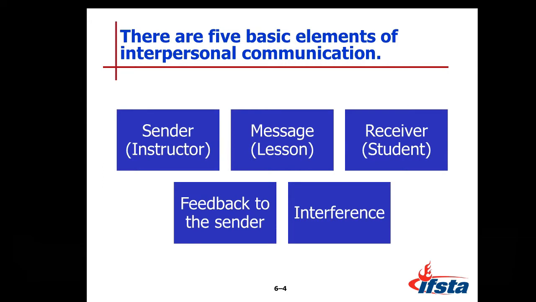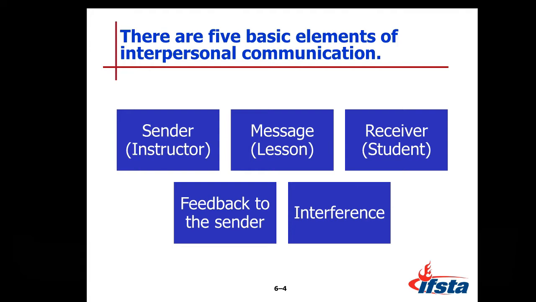So we've got 5 basic elements of interpersonal communication. We have the sender, the message, the receiver, the feedback to the sender, and interference. Right now I am acting in the role of the sender.